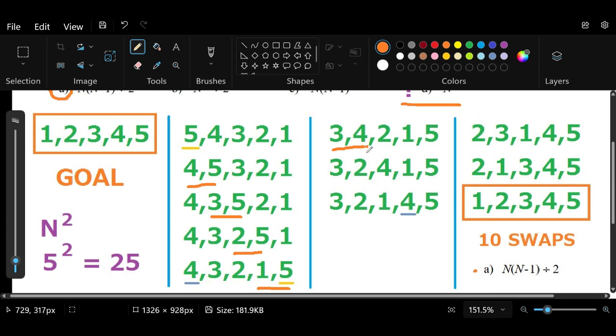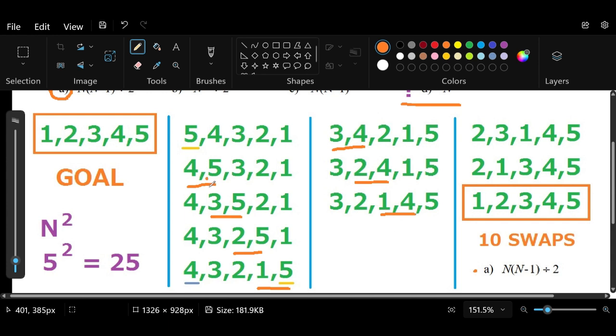Now the next question would be, is the element to the right of 4 less than 4? And what we find is it's a yes. Then the next question is the element to the right of 4 less than 4? And again, it's a yes. So we get this sequence where 5 and 4 are put in this way.